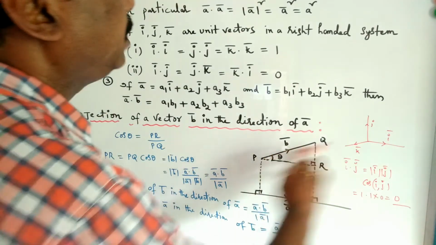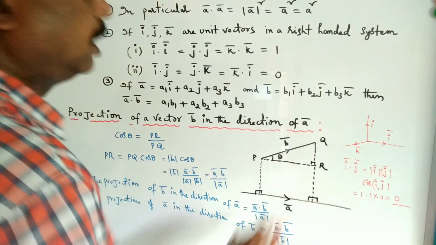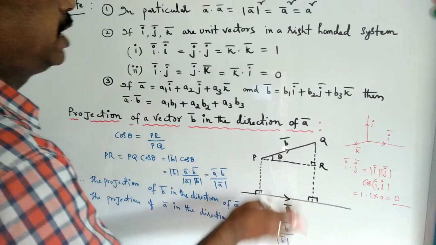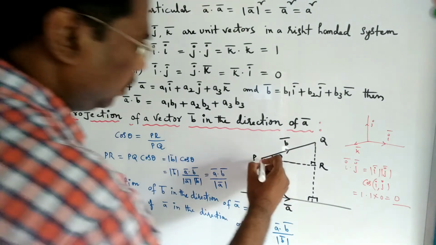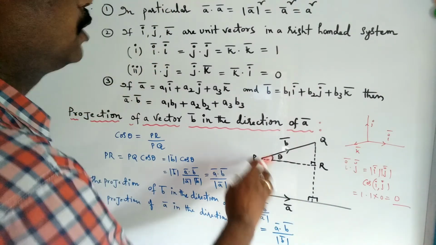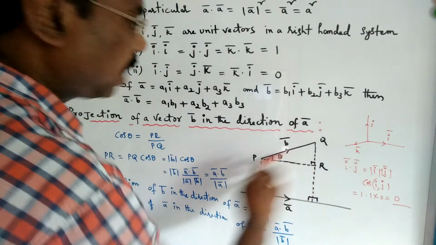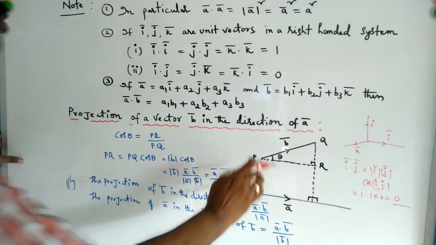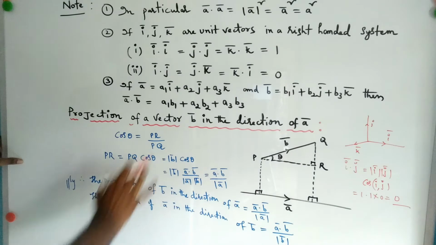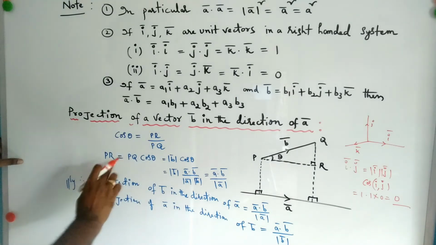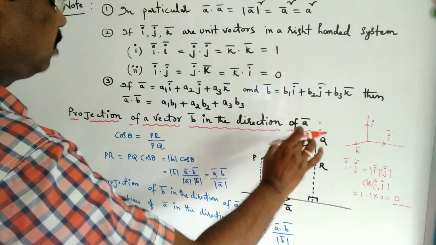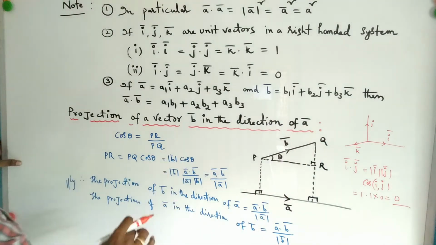Now here A bar is one of the vectors. Now the projection of B bar in the direction of A bar. Draw the perpendicular from B bar. Now from triangle PQR, cos theta is equal to PR by PQ. By cross multiplication, PR is equal to PQ cos theta. Now PQ value is mod B bar, so mod B bar cos theta.